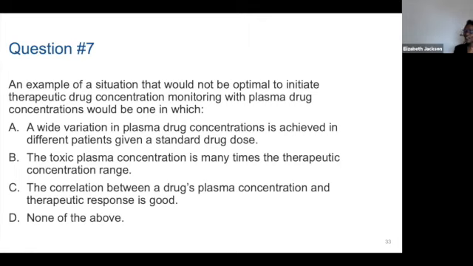B, the toxic plasma concentration is many times the therapeutic concentration range. C, the correlation between a drug's plasma concentration and therapeutic response is good. D, none of the above. Please submit the best answer in the poll. And I will pause while we wait for you to complete this question.